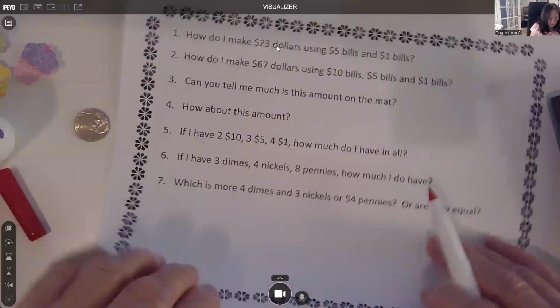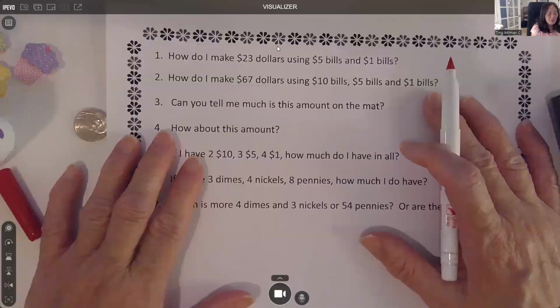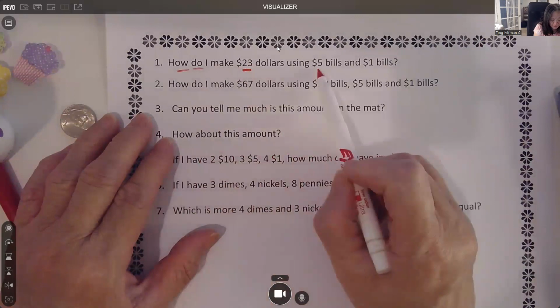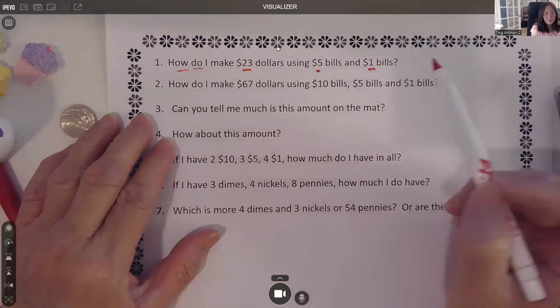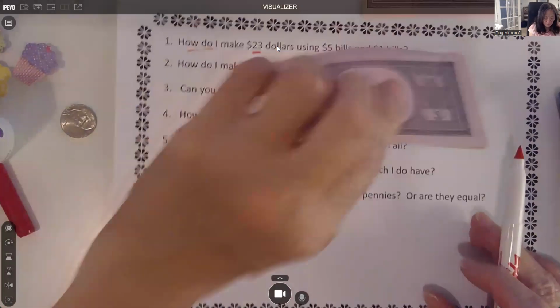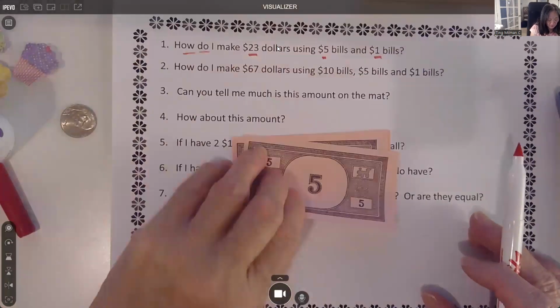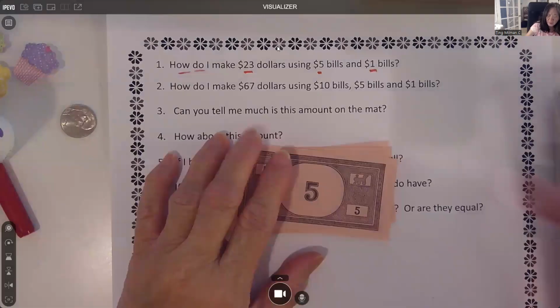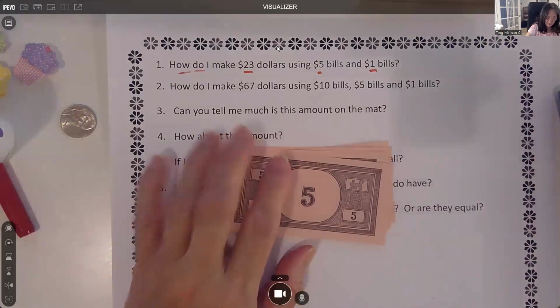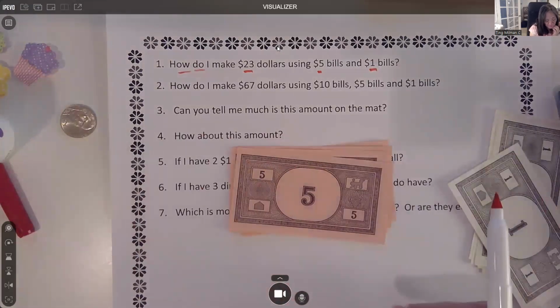All right, now we are going to the last part of our lesson. How do I make $23 by using $5 bills and $1 bills? So what would you do? How many $5 bills do I use and how many $1 bills do I use? All right.